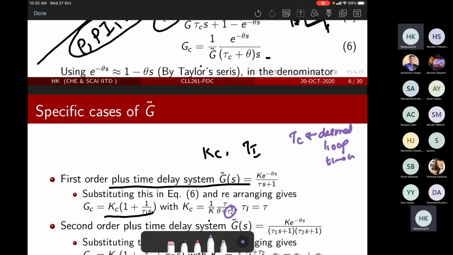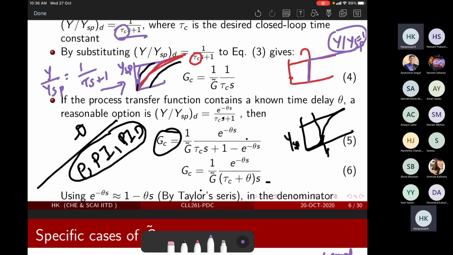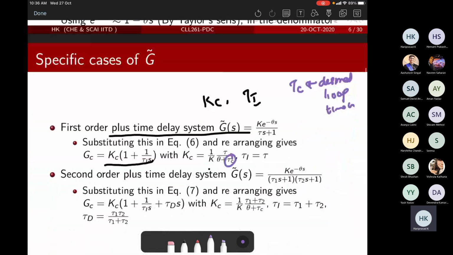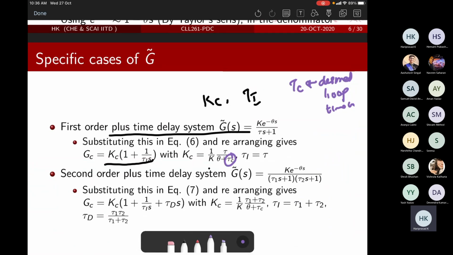This is for your system you design, because this is what contains the overall dynamics. And the second one is tau I. You know what it is, and tau is the process time constant.